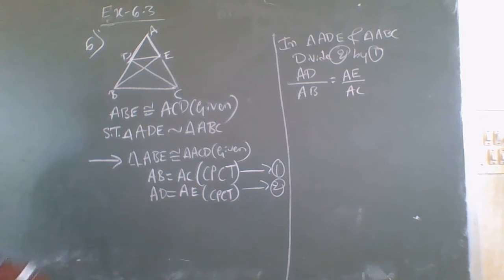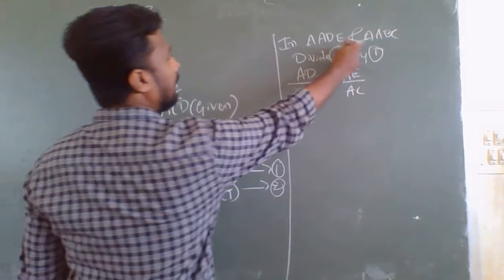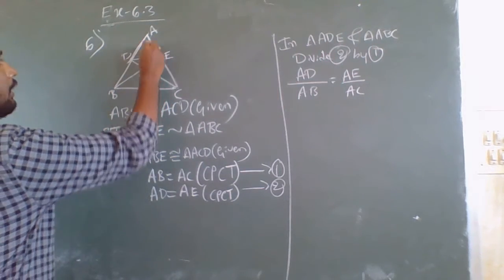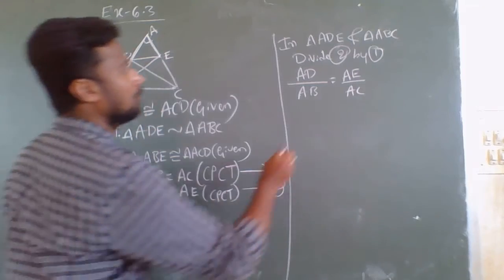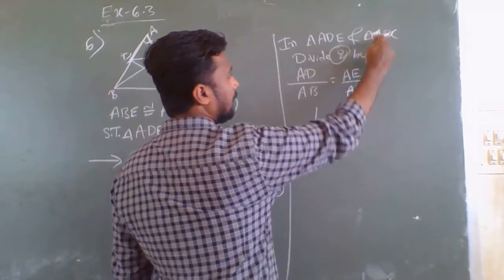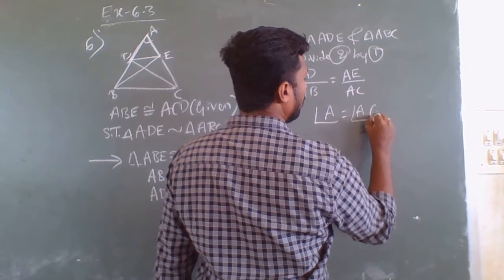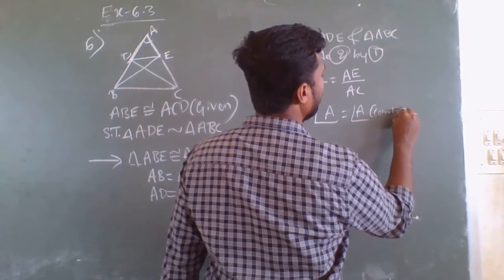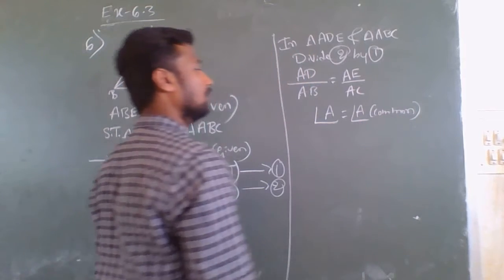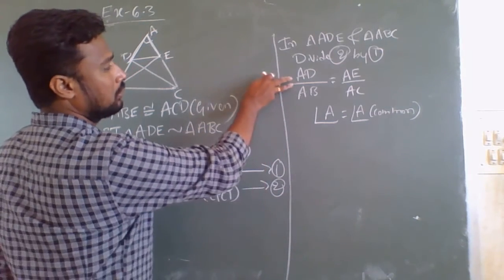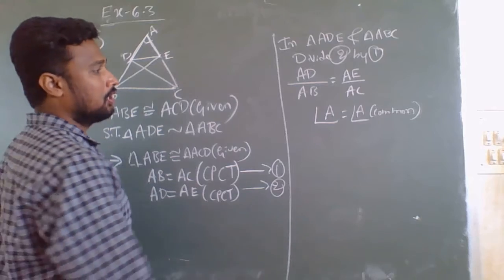Now again, in triangles ADE and ABC, angle A is common in both triangles. So now, what can we write? These two sides are proportional and this angle is common.